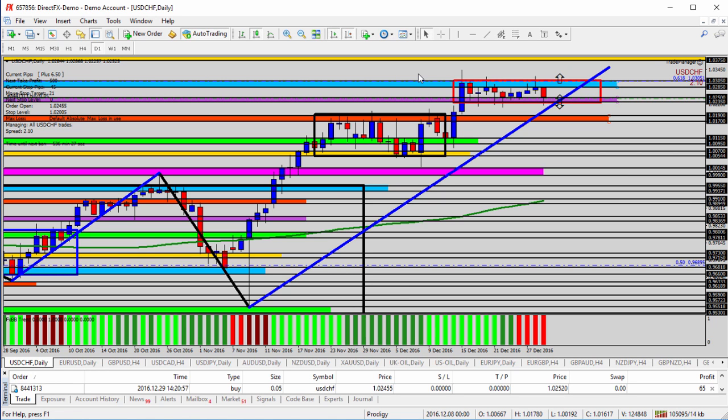The purple zone is 1.0235 to 1.0250. So it would need to break that barrier to go lower, and it has not done that yet. And of course, just like all that on the other side, the blue zone, we spoke about that, it would need to break that barrier if it's going to go higher. So let's focus on the trend, which is up. Of course, we've seen the dollar take a pretty good surge over the past several weeks, going back to election results back in the beginning of November.